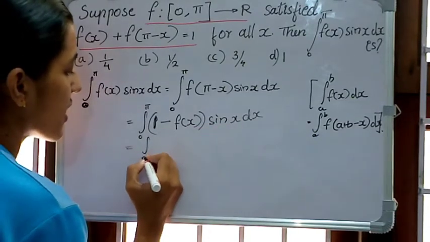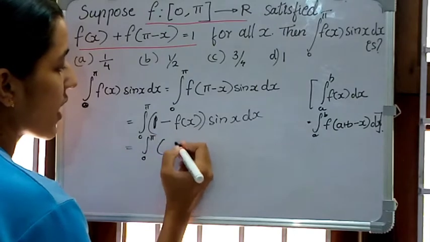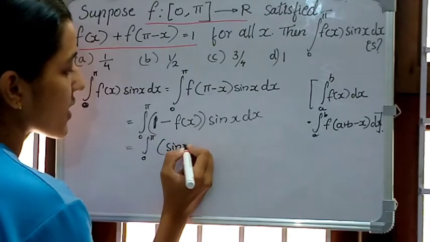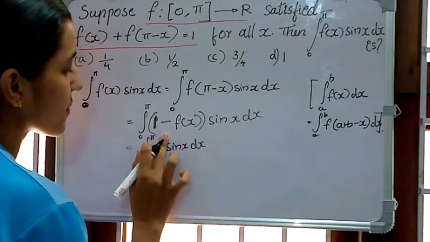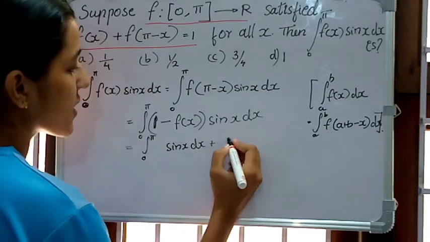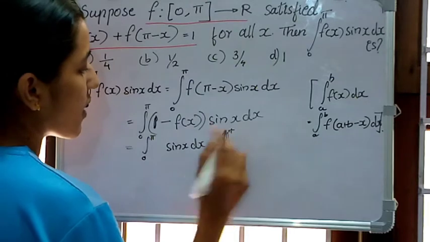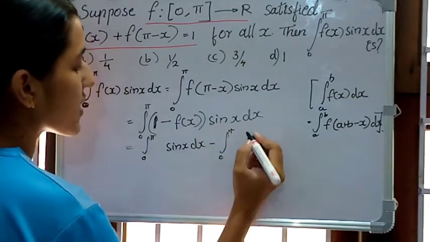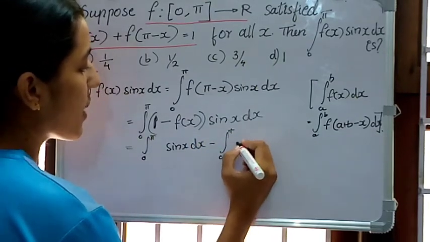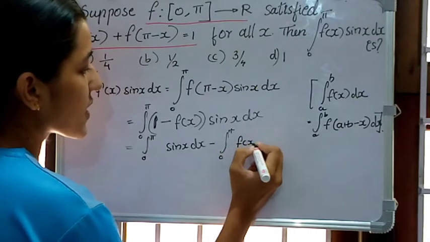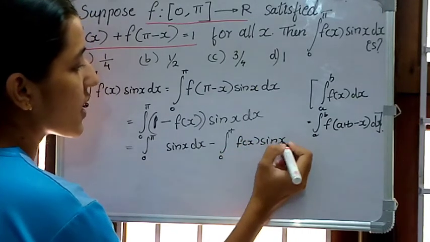Thus we get integral 0 to pi sin x dx plus integral 0 to pi, here it is minus sign, so integral 0 to pi f of x sin x dx.